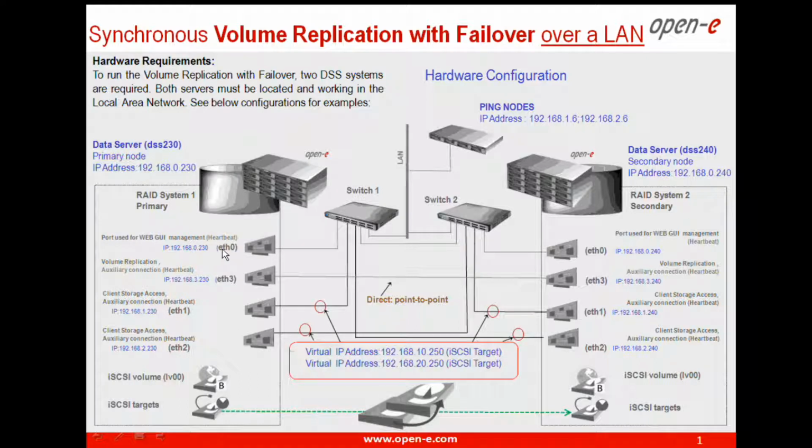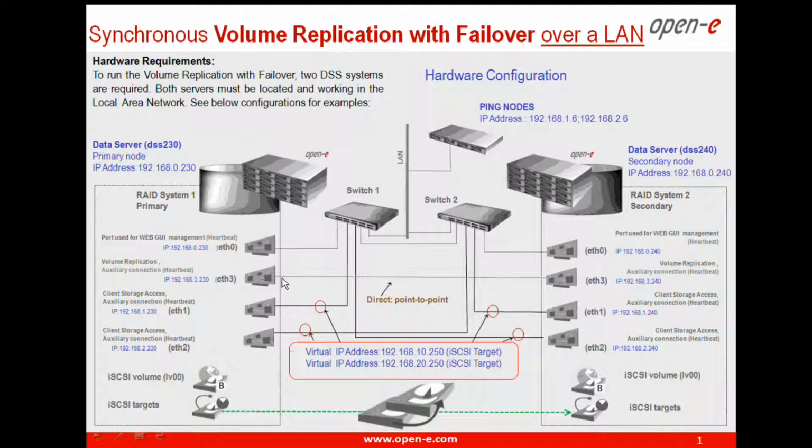On the first NIC, ETH0, I have configured GUI access, and also the so-called auxiliary connection, which means the heartbeat connection on both sides. Here we use 192.168.0.230, and in the same subnet 0.240 on the secondary server. Then on the last card, ETH3, we have a point-to-point, so direct connection.